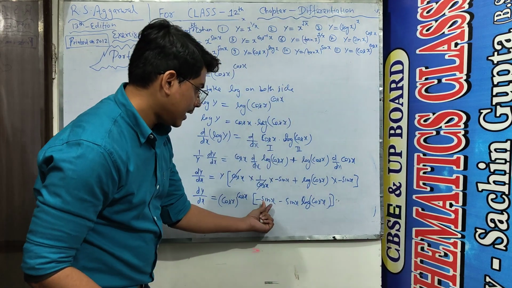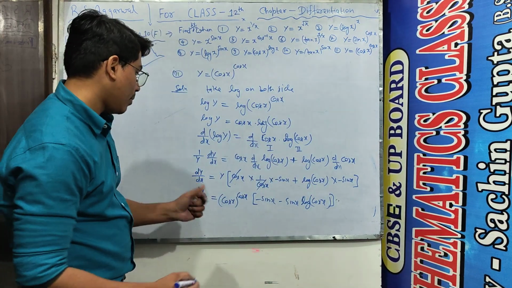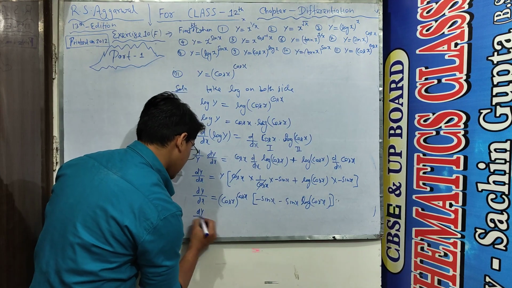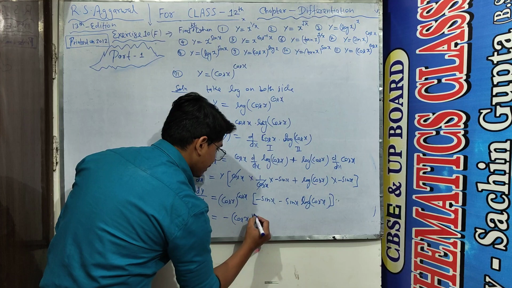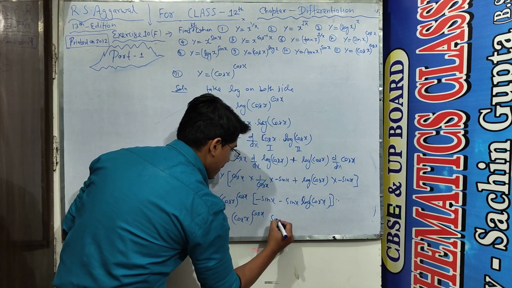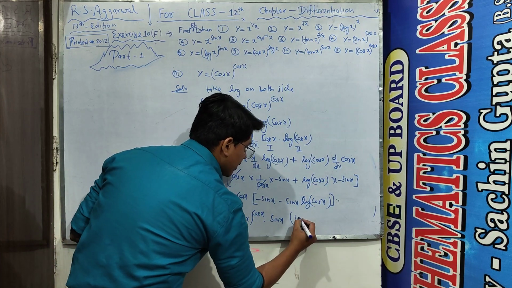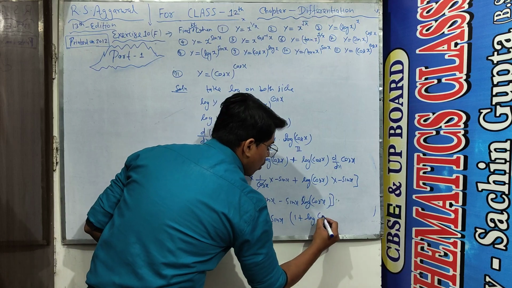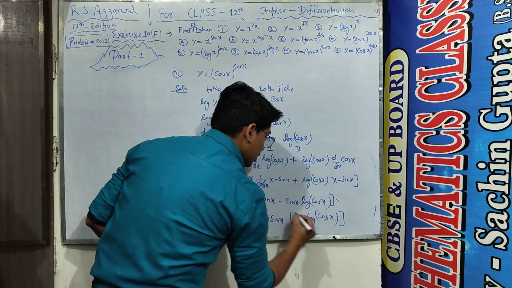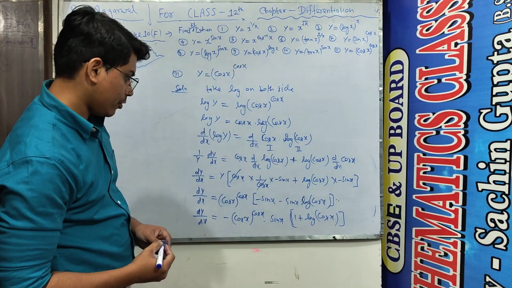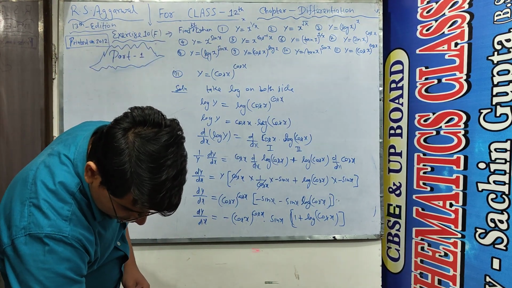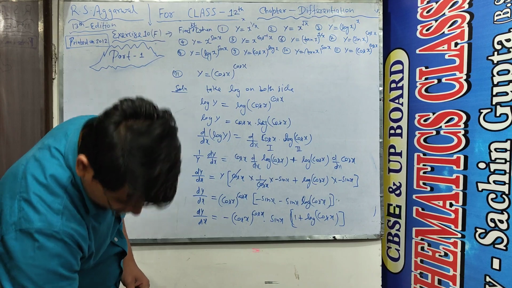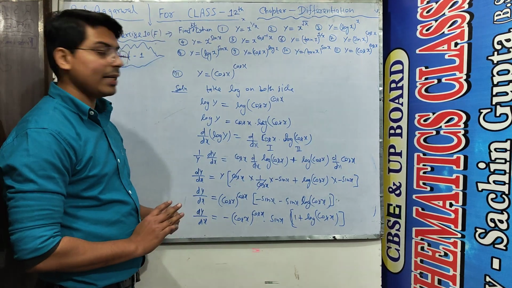If you are watching, sin x minus sin x is common in both terms, so I take it common, minus, and it becomes 1 plus log of cos x. This is our answer of question number 11. Question number 11, its answer is this, yes, students.